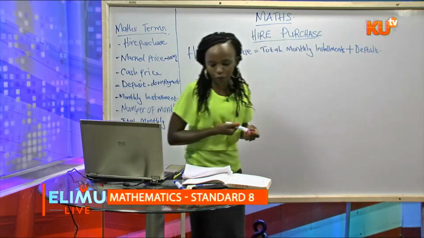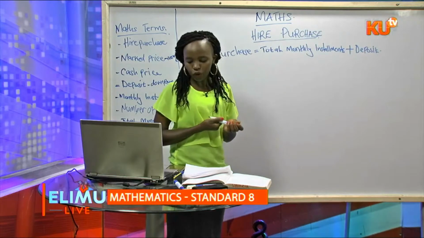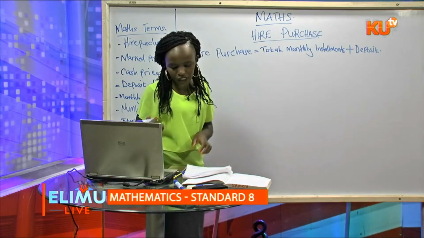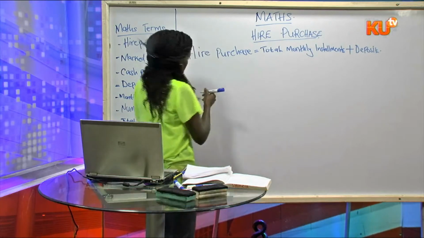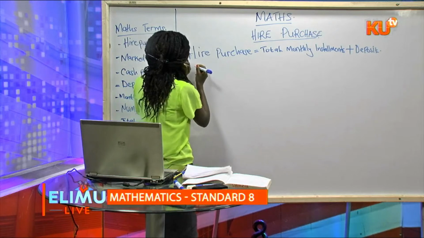So total monthly installment plus the deposit gives you the hire purchase price. After that, you can be told to calculate the deposit.